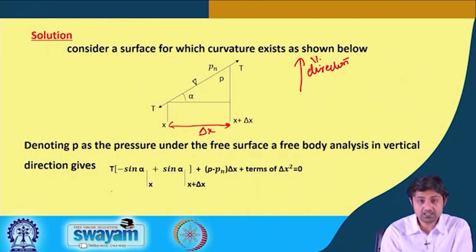We can write minus T sine alpha, because this has a component here, and plus T sine alpha at this point, because this is negative, this will be positive, plus because of this pressure difference, P minus Pn into delta x, plus different terms of delta x square.